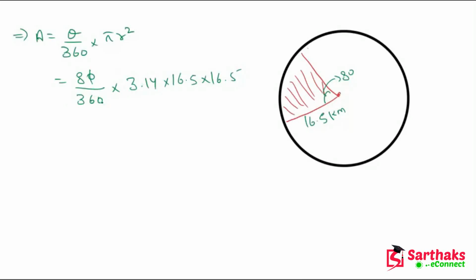So this 0 and this 0 will be cancelled. Now we can cut it by 4, how many times? 2 times. And we can cut it again by how many times? 9 times. Okay, my dear friends. Now if we solve this complete equation, we get 189.97 kilometer square.